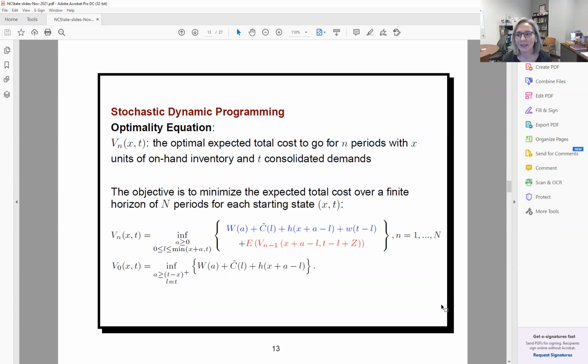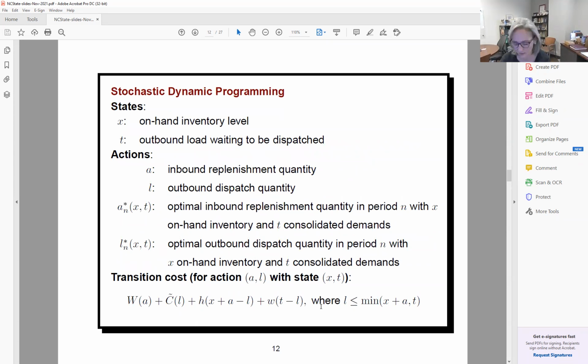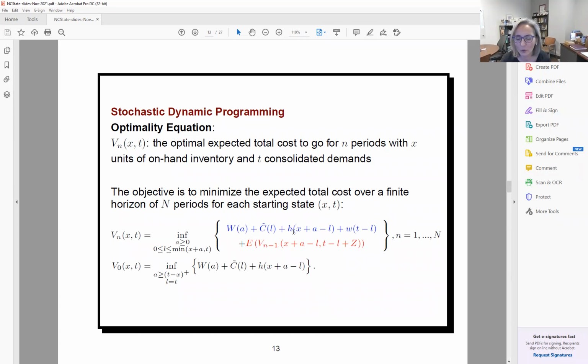So the last period of the problem is period 0, and the first period of the problem is capital N in my notation here. The cost to go function then includes the single period cost that I have just introduced as a transition cost, it is in blue on my slide here, and expected cost to go depending on the state variables. The terminal cost function is denoted by V0.